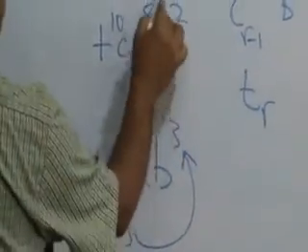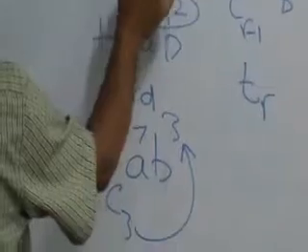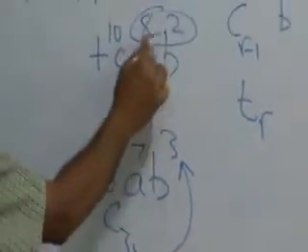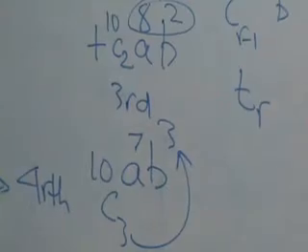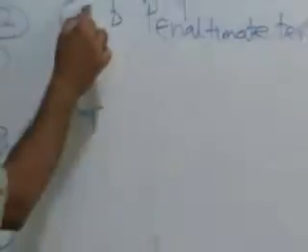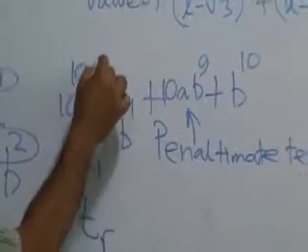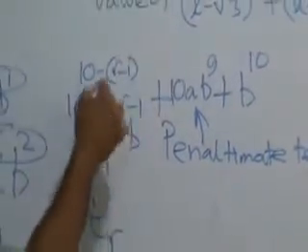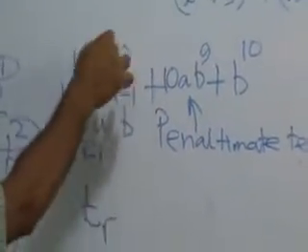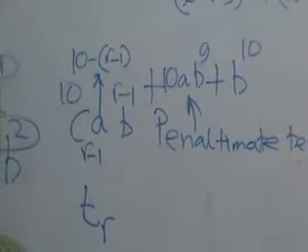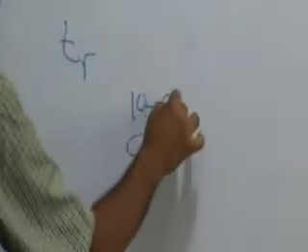And this total is always 10. See, it is b to the power 1 and a to the power 9, so 9 plus 1 is 10. 8 plus 2, 10. 7 plus 3, 10. So that means the power of a will be 10 minus (r minus 1).